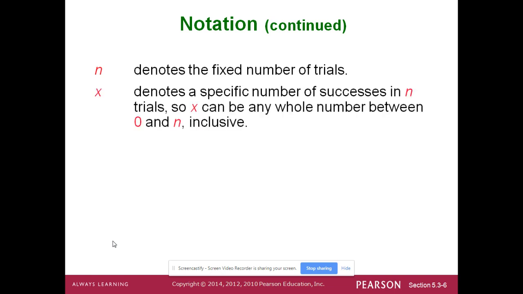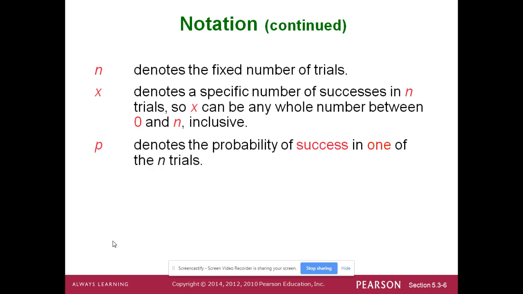N, number of trials. X is the number of successes in N trials. So 3 out of 5, 3 is the X, N is the 5. Any whole number between 0 and N inclusive, so you can have 5 out of 5. P again, probability of success in one of the trials. That probability of success should be the same for every trial if it's a binomial probability distribution.